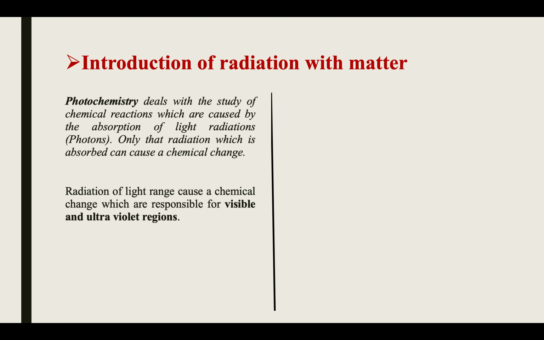Which radiation? The radiation of the light range that causes chemical change is in the visible and ultraviolet regions. So UV and visible are the two regions where photochemistry occurs.